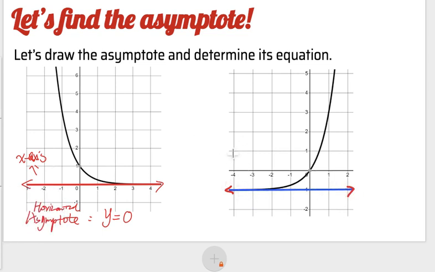In exponential function, we're majorly talking about the horizontal asymptote. Since it's always y equals something, what's the value? Here, it intersects the y-axis at -1, so this line is y equals -1.